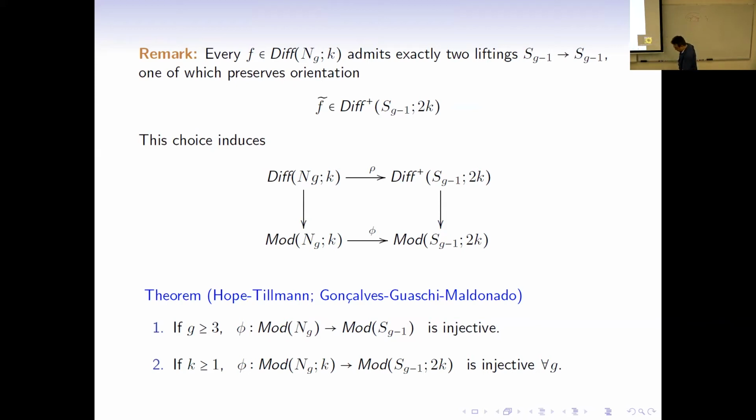It was observed by Hoppe and Tillmann that the map at the level of mapping class groups is always injective for genus g bigger or equal to 3 in the case you don't have any marked points, and that it is always injective for every genus, provided you have at least one marked point. That was observed by Da Silva Gonçalves, John Waskey, and Miguel Maldonado not long ago.